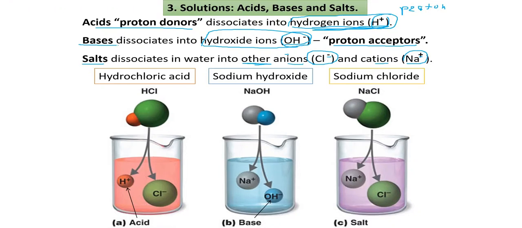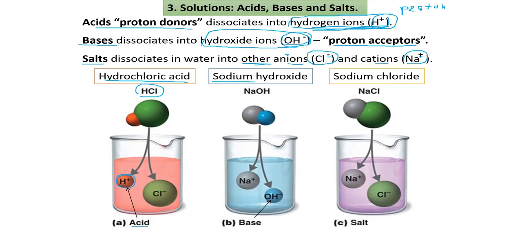And here we can see, if we put hydrochloric acid, HCl, inside of the water, what is happening? Water will pull them apart and we will produce a separate chloride ion, but most important, we're producing hydrogen ions, or protons. This is why it's considered an acid.